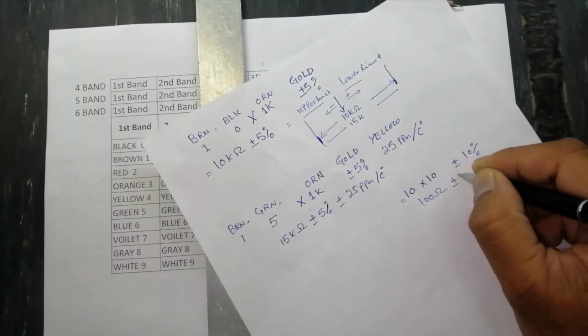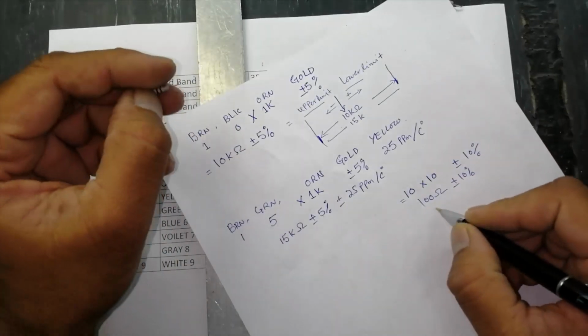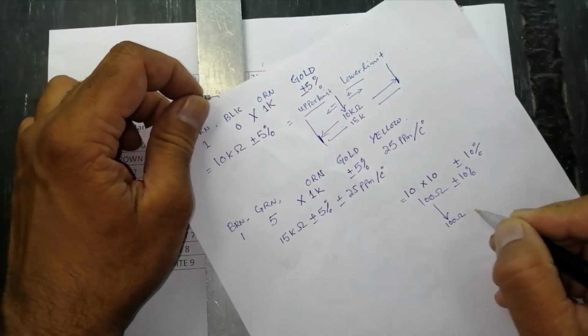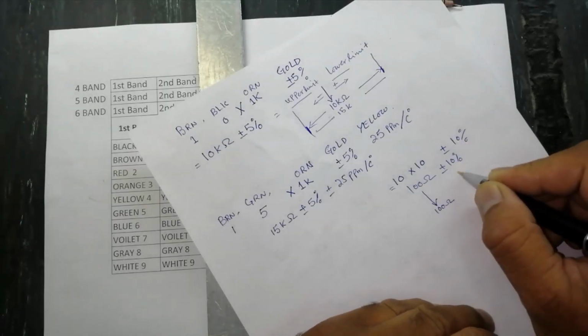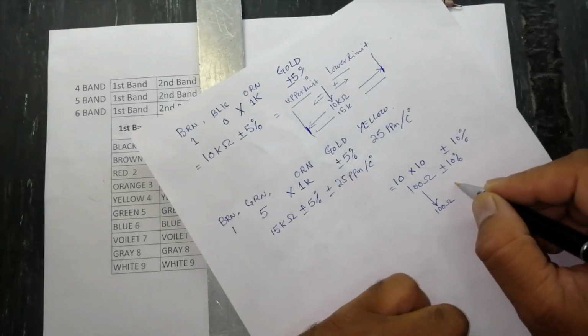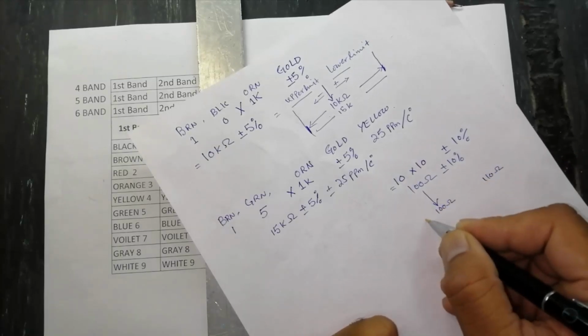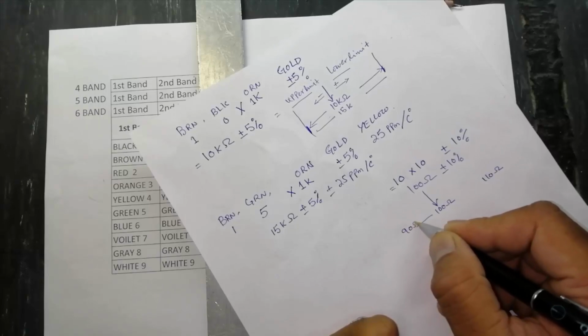So this resistor is 100 ohm, plus 10% that means 110 ohms, minus 10%, 90 ohms.